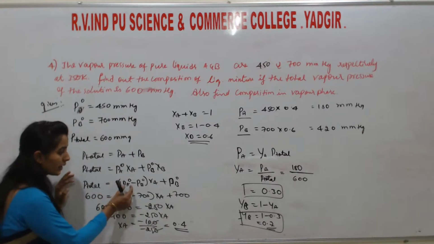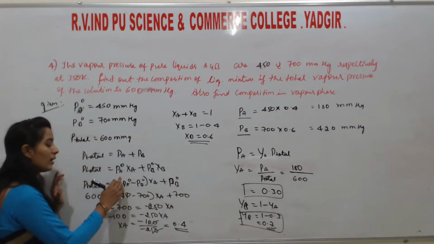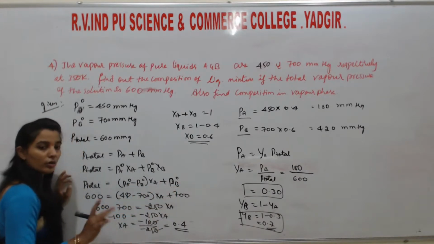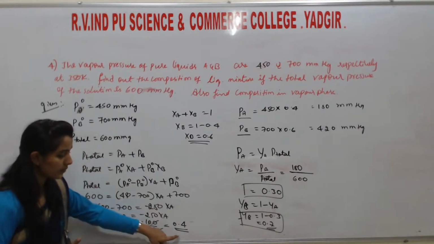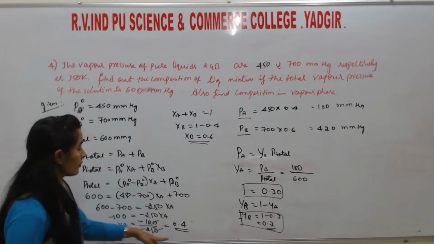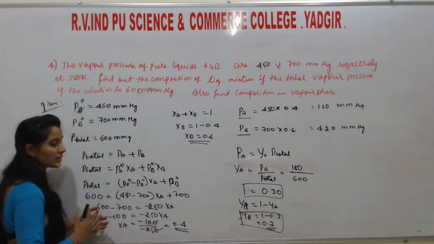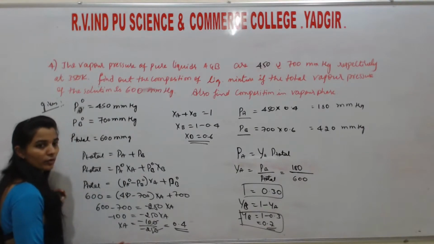If I take the first one, it is PA naught minus PB naught into XA plus PB naught. You may take PB naught minus PA naught into XB plus PB naught. Any one molar concentration should be present here. Then it will give the mole fraction 0.4. For simplifying the calculation, I took it this way, students, because we can easily calculate 1 by 2.5, which is 0.4 only.